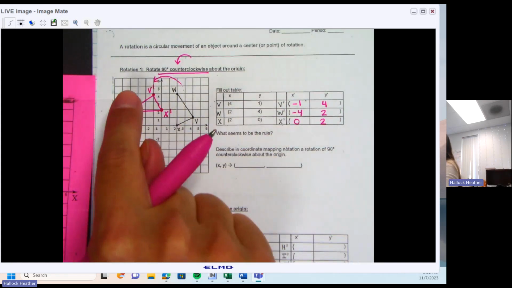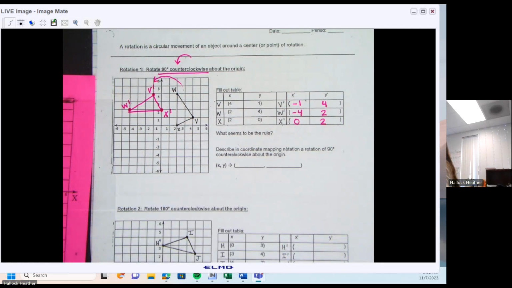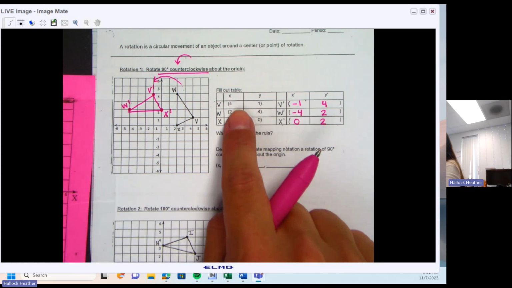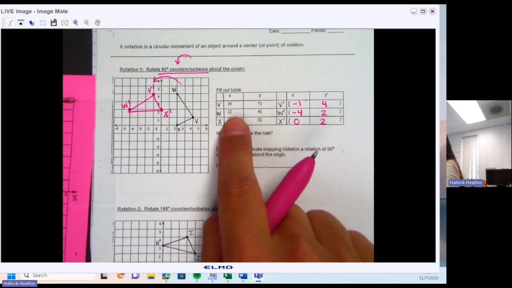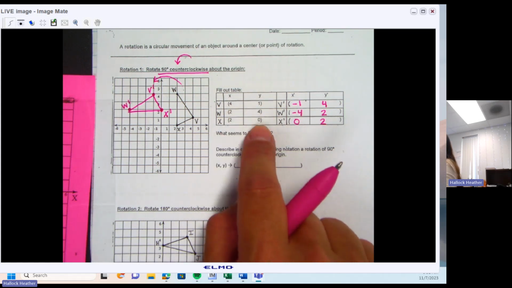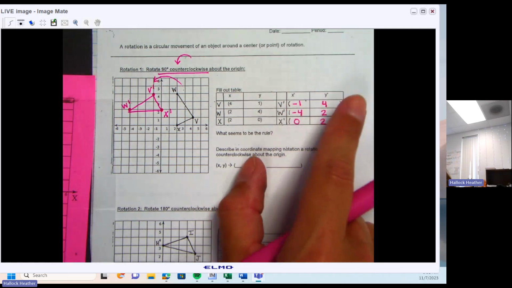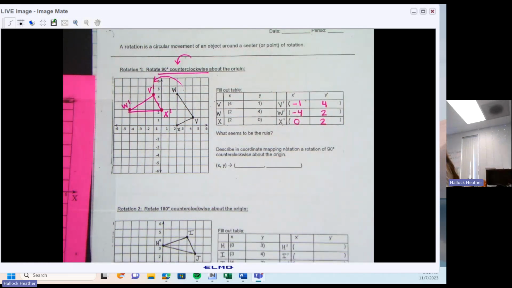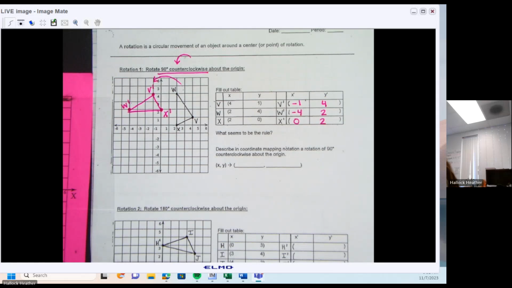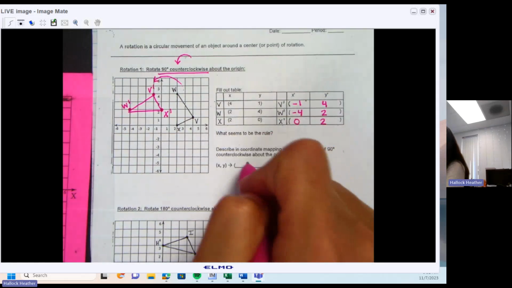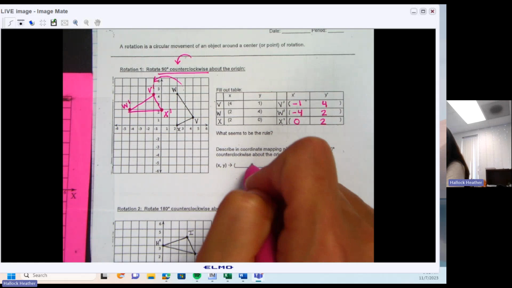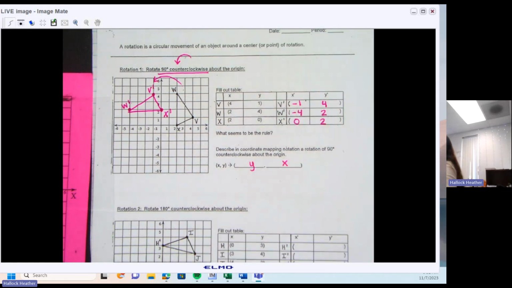So we moved 1 quadrant to the left. So if you look at your coordinate points, originally it was 4, 1, 2, 4, 2, 0. Can anybody tell me how the coordinate points changed? What was one of the things that happened? They switched. Okay, they flipped. So instead of X, Y, it goes from Y to X. What else happened?